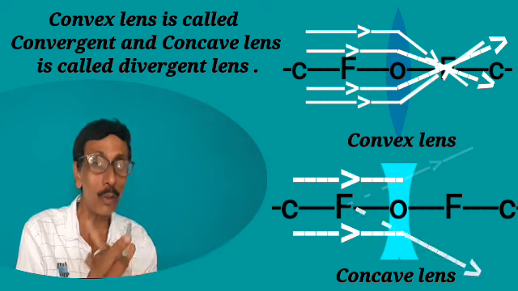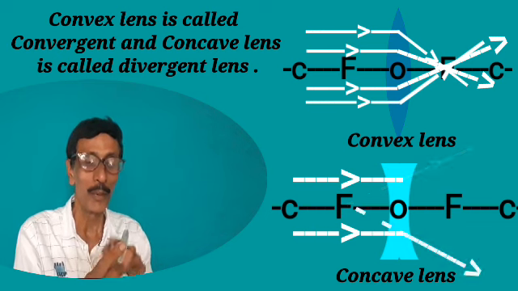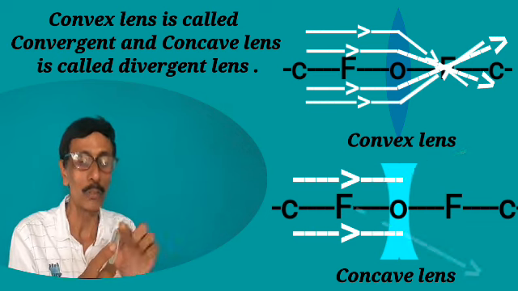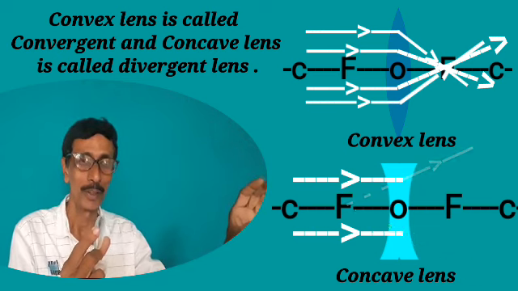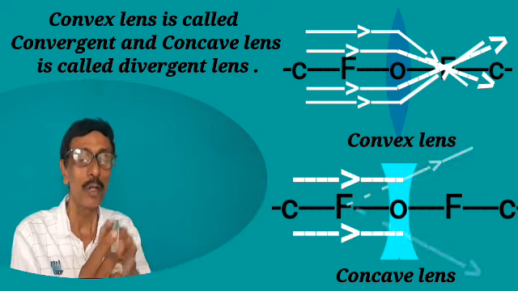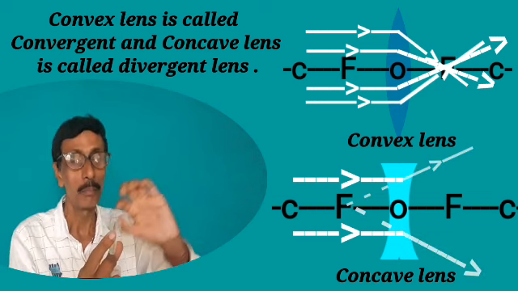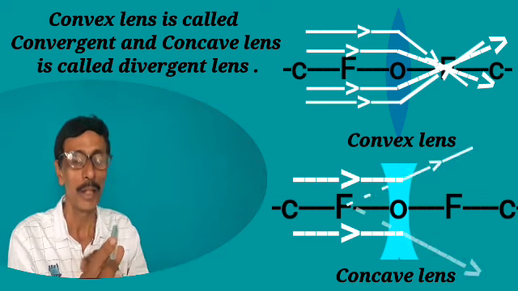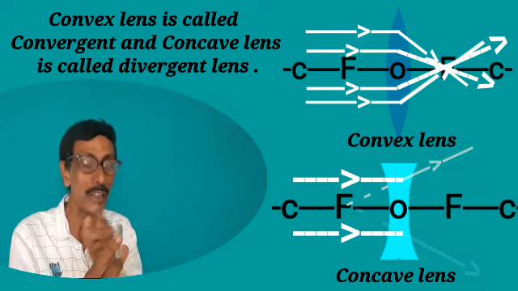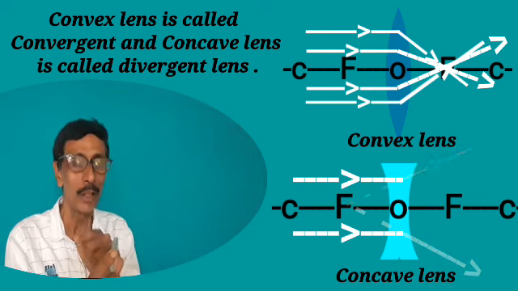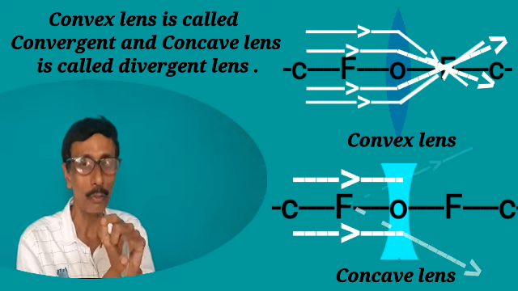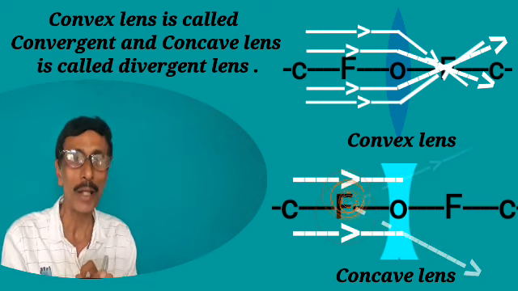If we extend the lines backward against the refracted divergent rays, these lines will meet at a point on the principal axis. This point on the principal axis is called the focus point in case of the concave lens. It is not real, it is virtual.